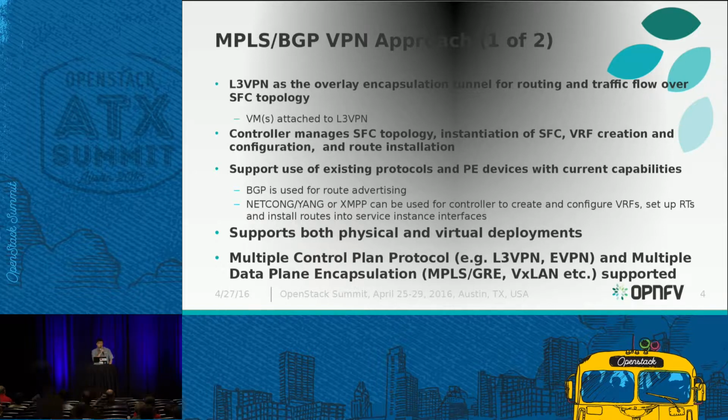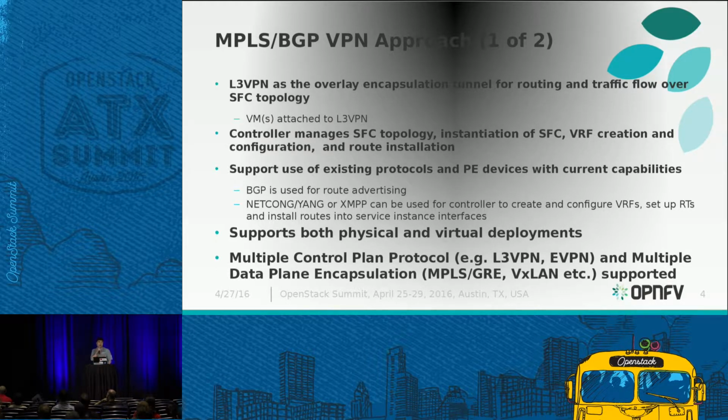BGP is used for route advertising, and NETCONF/YANG or XMPP, the existing infrastructure, can be used for configuring from the controllers to the virtual routers, to create and configure the routers, set up the route targets, and install the routes into the service functions.